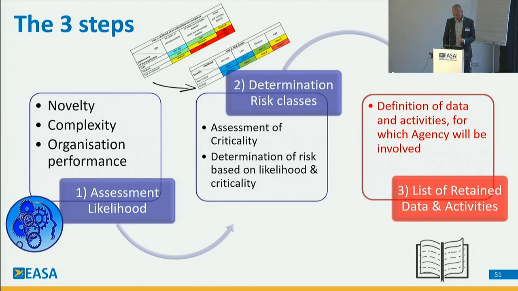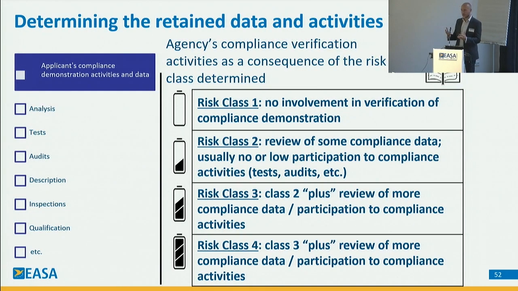4. The next step, so now we have determined the classes, we have this information, we have a number for each CDI, don't forget that. You have to provide such assessment for all the CDIs which constitute your certification program. What does it mean in terms of involvement? We had a lot of discussion on this.